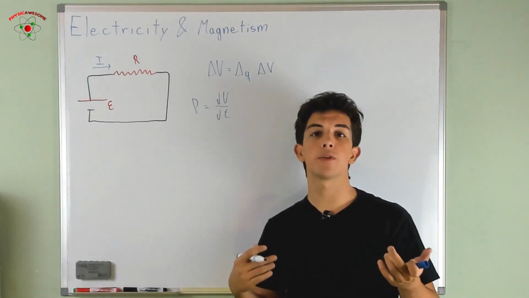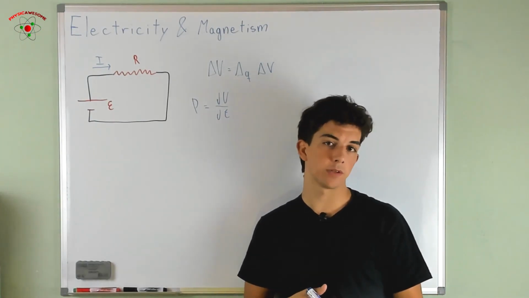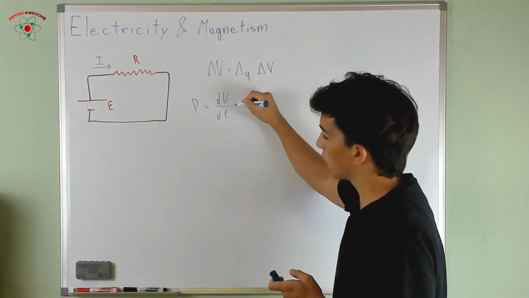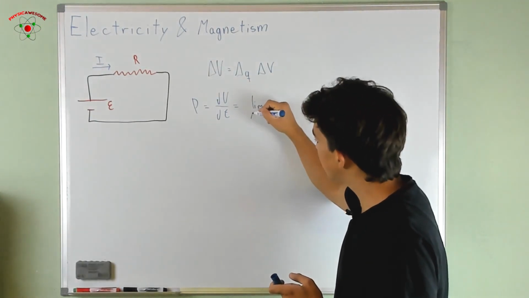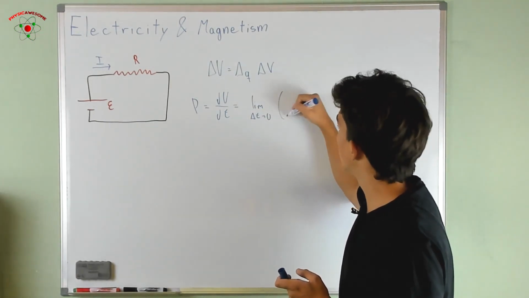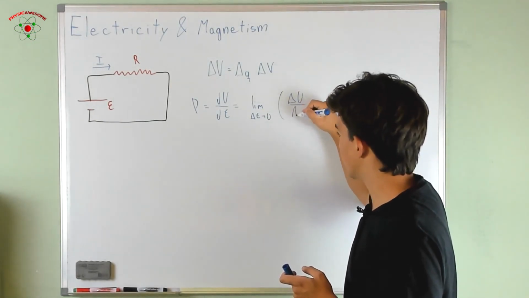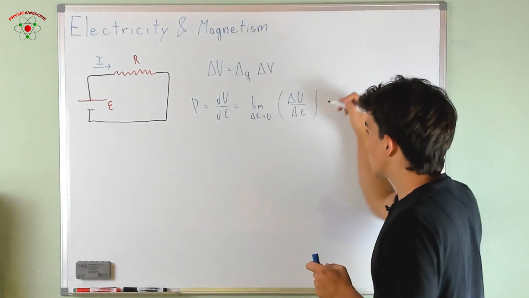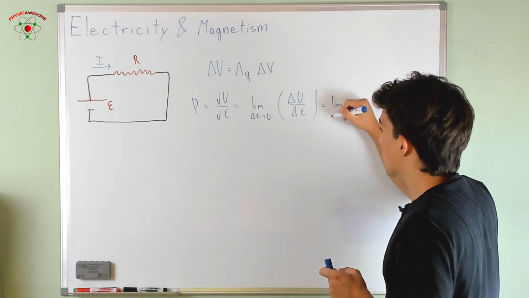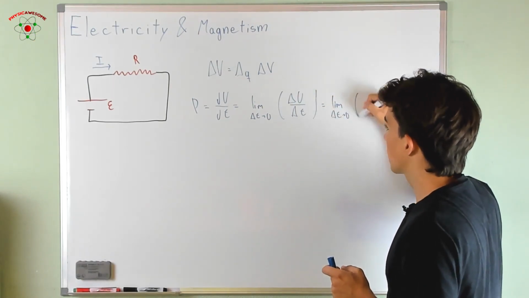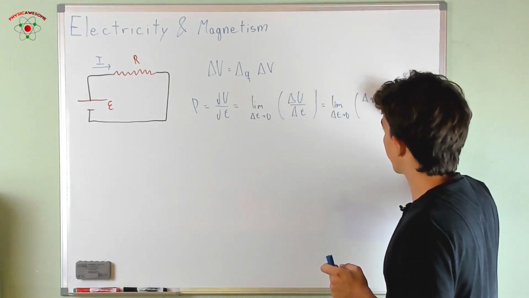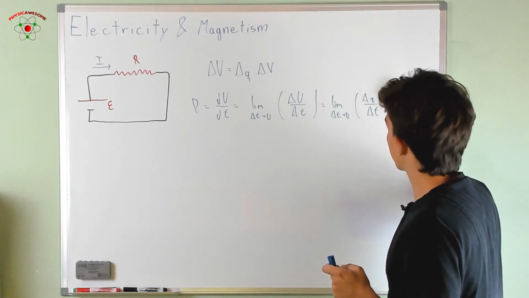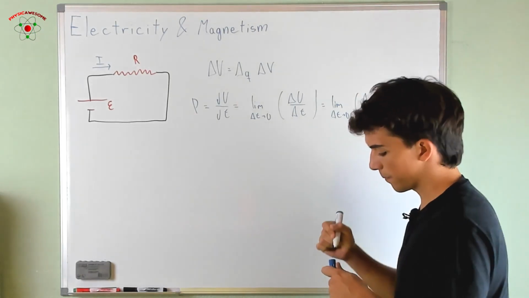Basically, the rate of change of energy with respect to time. This is no other thing than the limit as delta t goes to 0 of delta U over delta t. And in here we can substitute our expression, which gives us that this is the limit as delta t goes to 0 of delta Q over delta t times delta V.